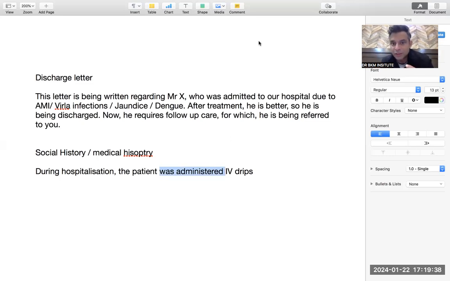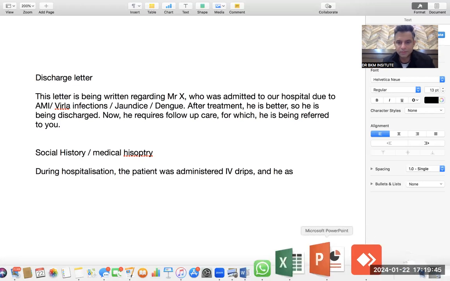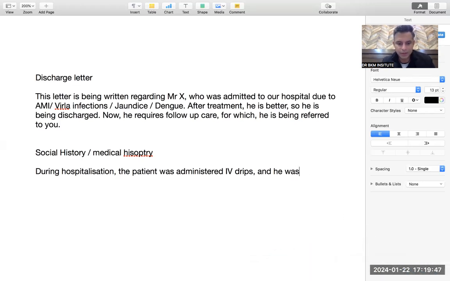So the patient was administered IV drips and he was advised to take rest. Further, he was educated. I'm just telling you the simple lines, how simple the grammar is. He is educated regarding this and this thing.